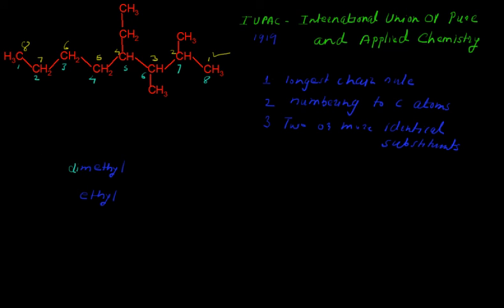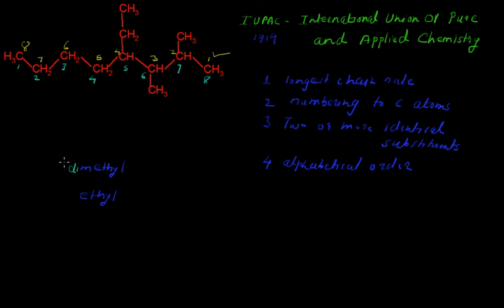Now let's see the fourth rule, and the fourth rule states that if two substituents are present, then cite them in alphabetical order. So this rule is generally known as the alphabetical order rule.